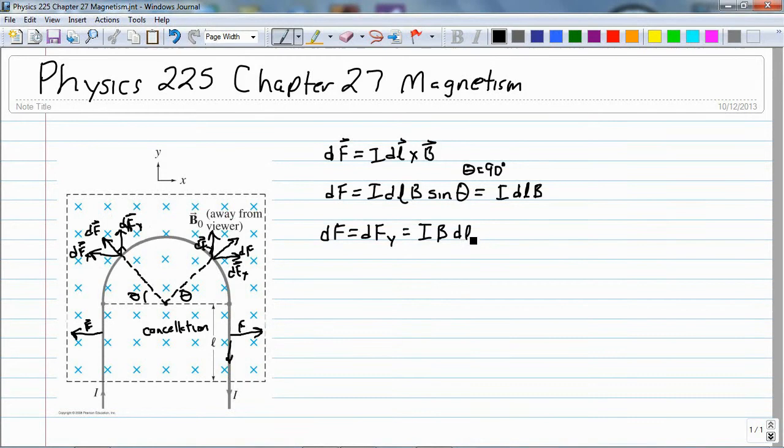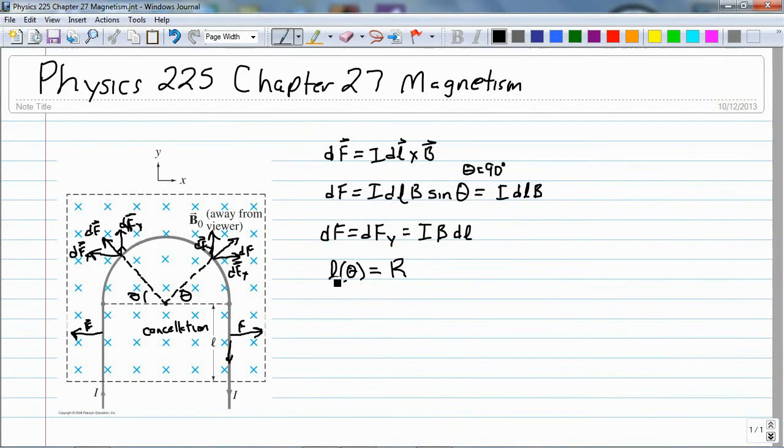And now we have to figure out differential length. Well, L is a constant or a function of theta, and that's just equal to r, because no matter what theta is, our value of that is r.